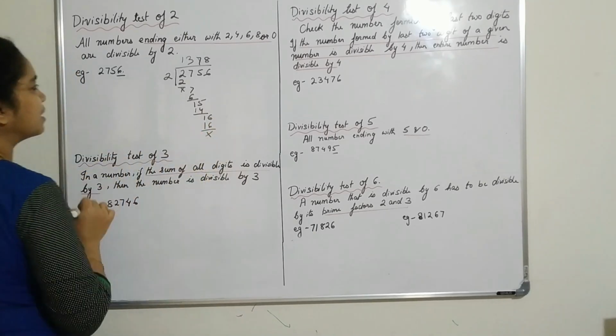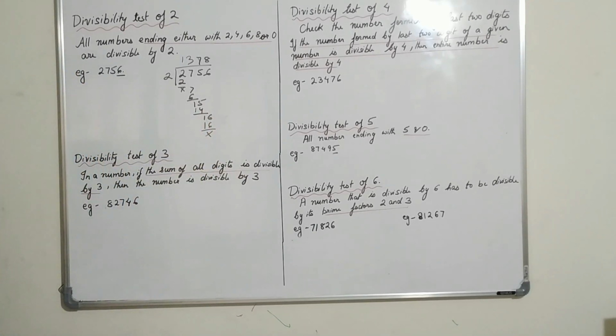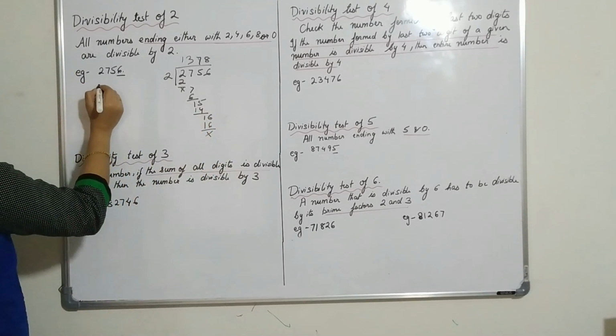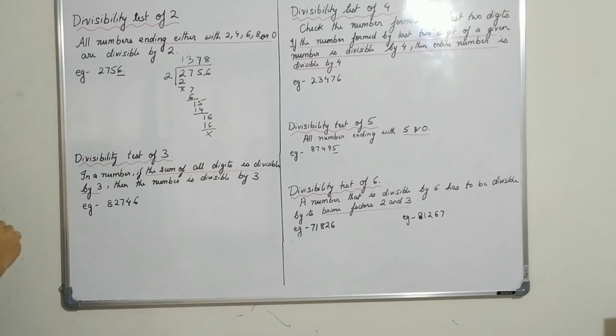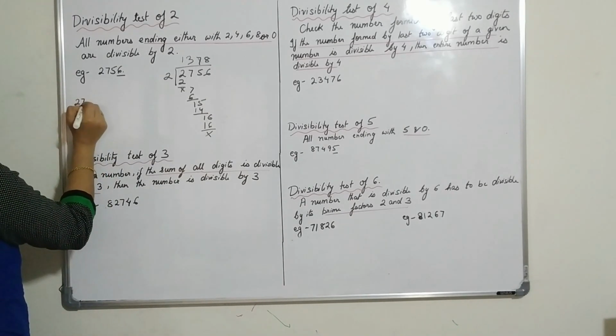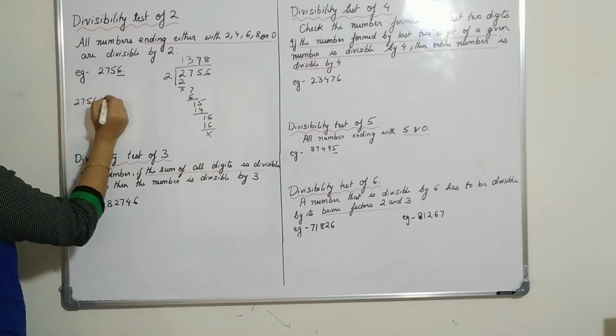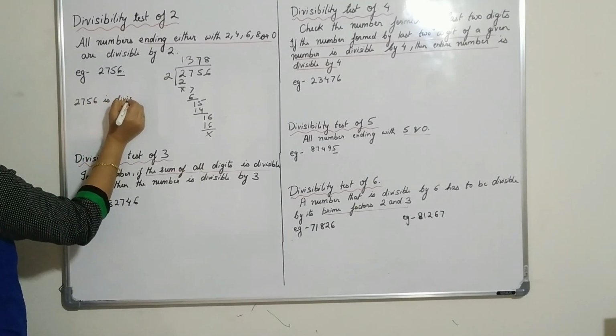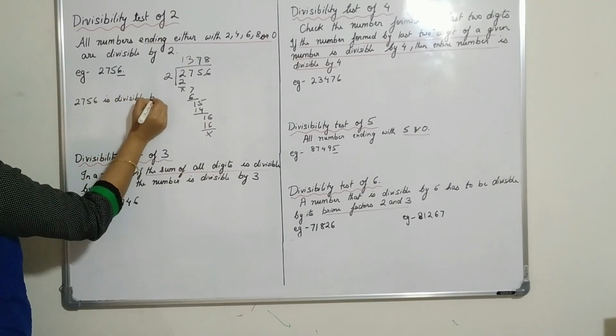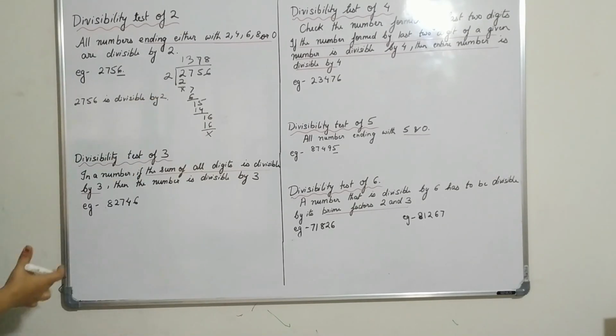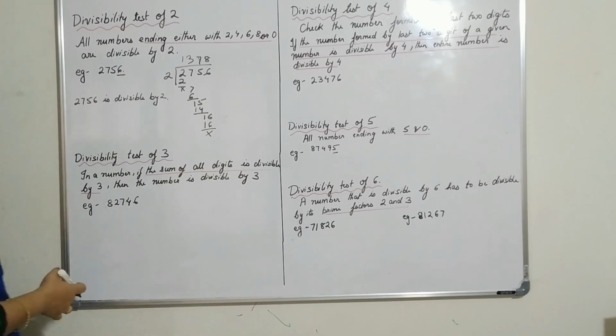There is no remainder, hence 2756 is divisible by 2. So a large number is divisible by 2 if the ending digit is 2, 4, 6, 8 or 0.